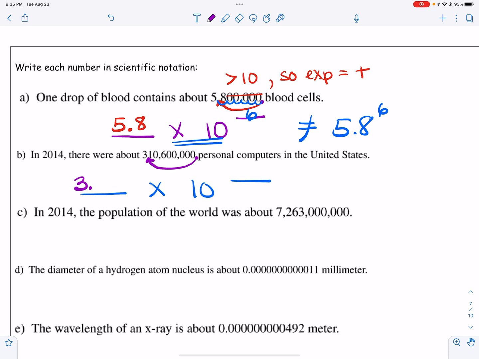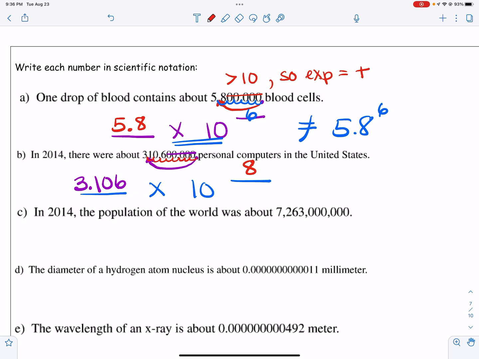So 3.106. The only numbers that drop off are what we call trailing zeros. That 0 between the 1 and the 6 is what we call significant. So you cannot drop that off. And then I count how many places I moved it. 1, 2, 3, 4, 5, 6, 7, 8. So my exponent is 8, okay?